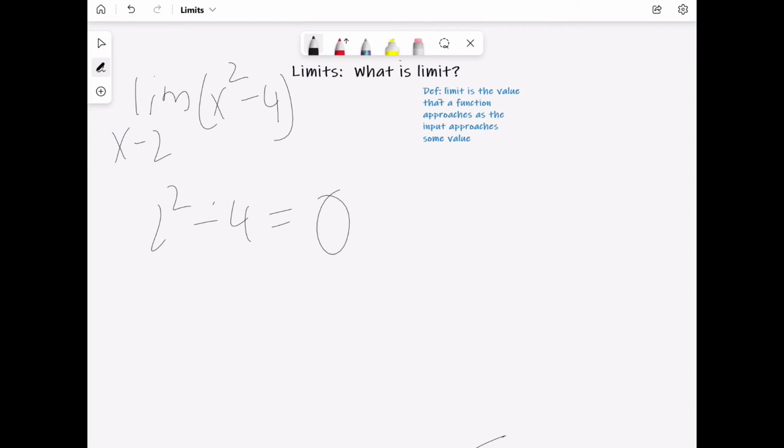That is a real answer. That's a valid answer, alright? It's not undefined. That means in the function x squared minus 4, as x approaches the number 2, the function approaches the value 0. So this one was a very simple one, right? No factoring required, just simple substitution.